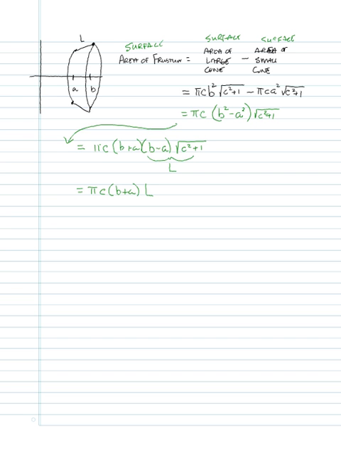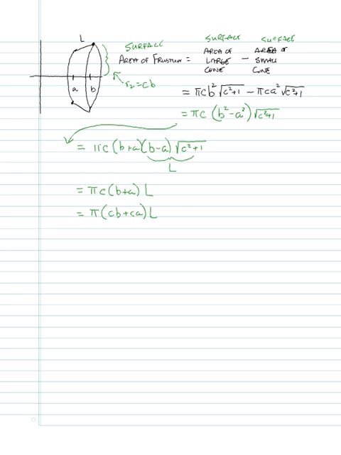Now, if you recall, actually, let's multiply this C through there. This is actually then CB plus CA times L. Now, remember CB was actually this radius. We called that radius 2, and we decided that that was CB.